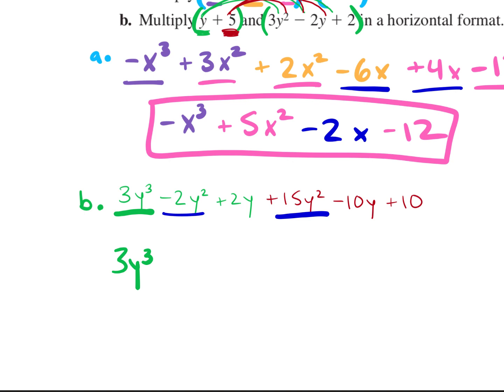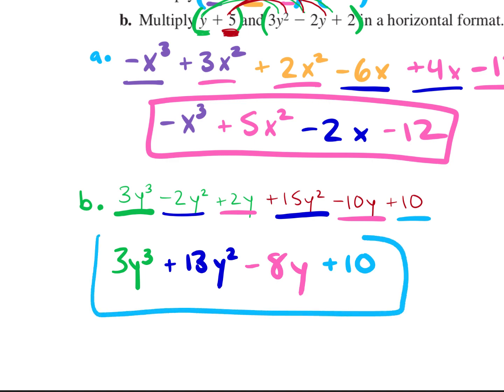So it's negative 2y squared plus 15y squared. 13y squared. Then I have 2y minus 10y. Negative 8y and plus 10 would just be plus 10. Don't have any like terms with that. So this would be my answer.